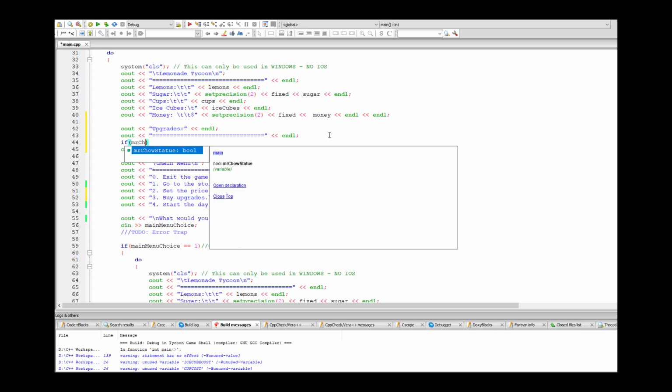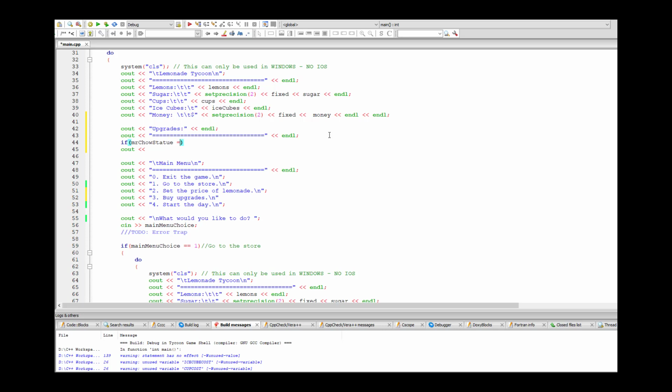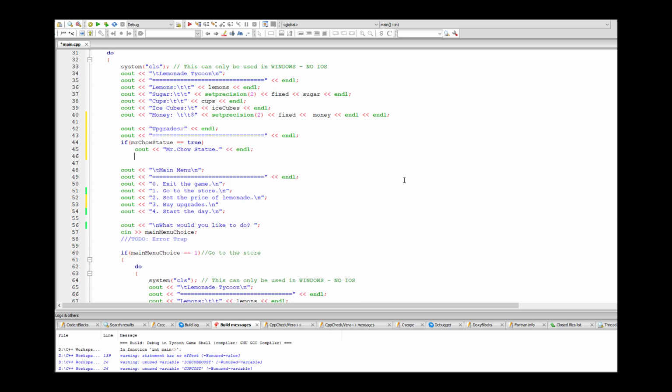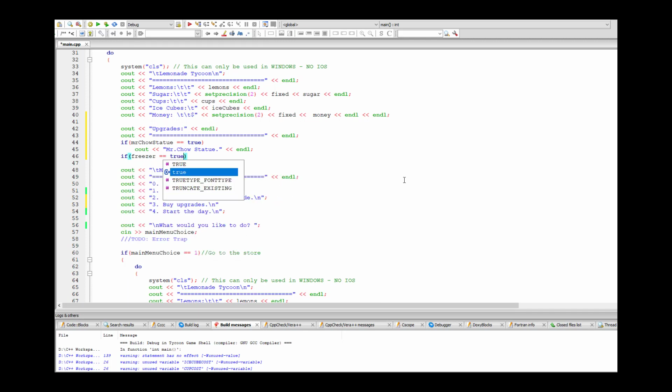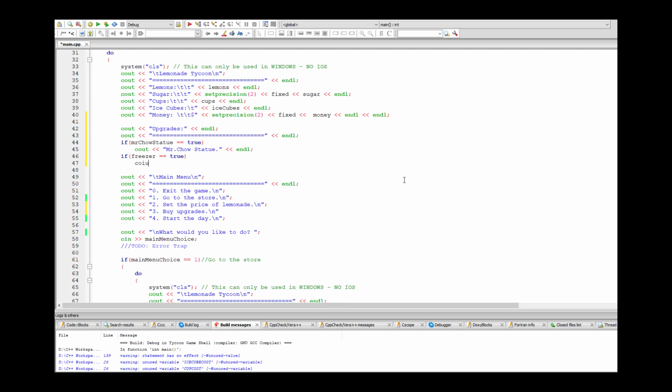if Mr. Chow statue is equal to true, then we are going to print out Mr. Chow statue. All right, and then also if the freezer is equal to true, then cout the freezer.